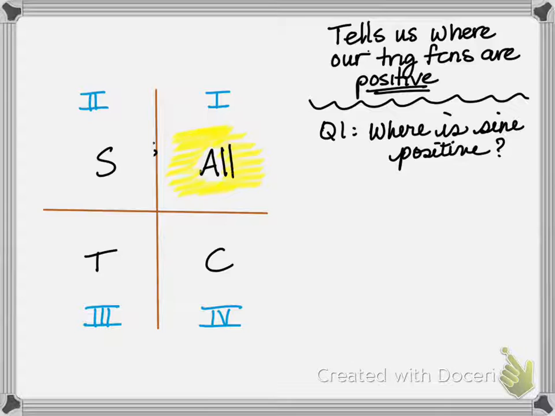All 6 trig functions are positive in the first quadrant. So the first answer is quadrant 1. And then there's another place it is positive. Sine starts with the letter S, so this quadrant will be the other quadrant sine is positive in. That's quadrant 2.